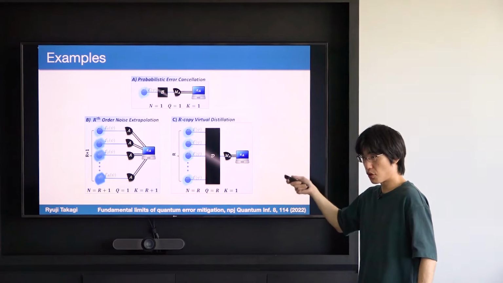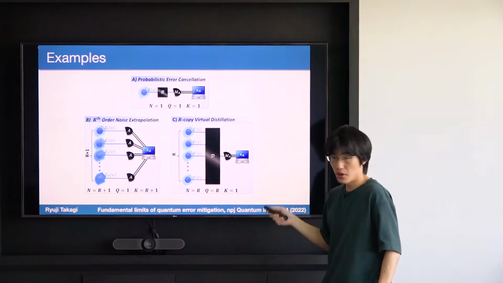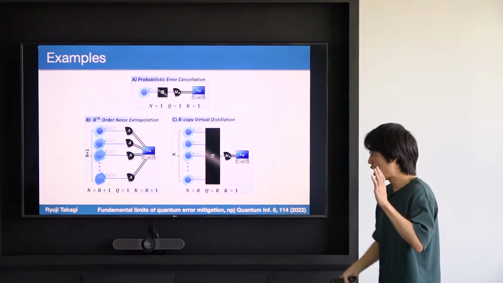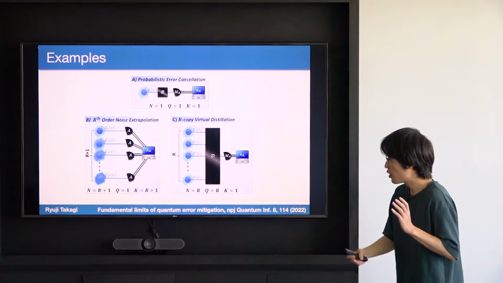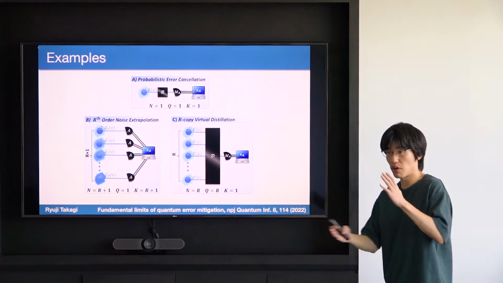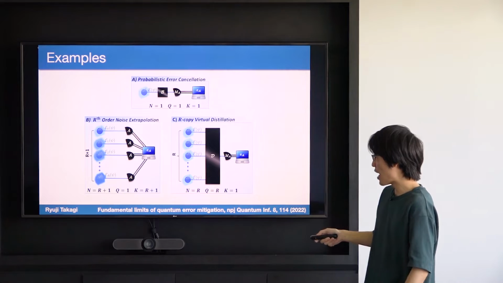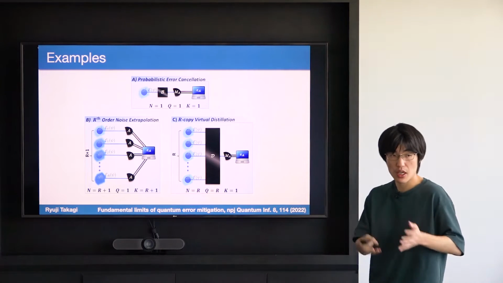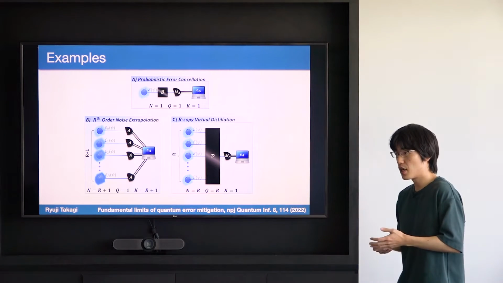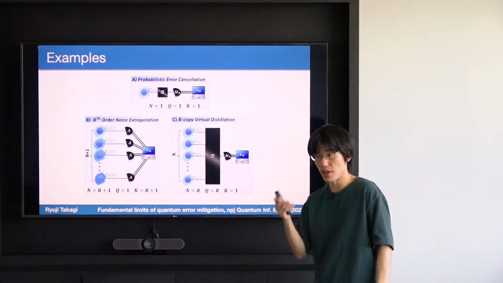On the other hand, for the R-th order noise extrapolation, I use R plus 1 different noise levels and collect the measurement outcomes from these experiments. But each experiment only takes one copy of a noisy state. So this is the Q is 1, K is R plus 1 case.